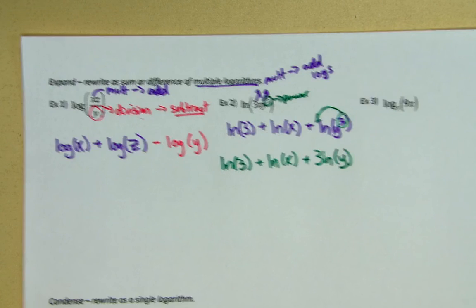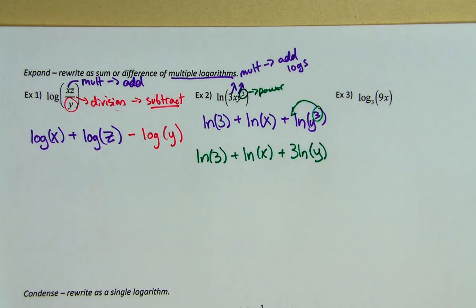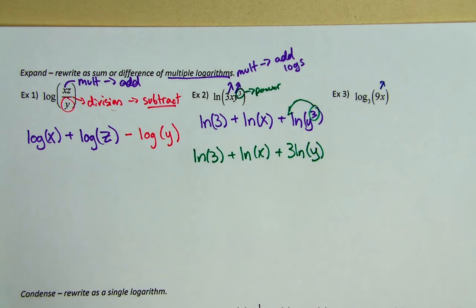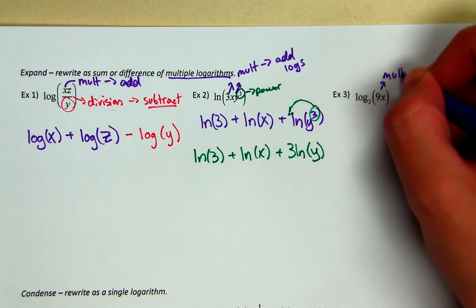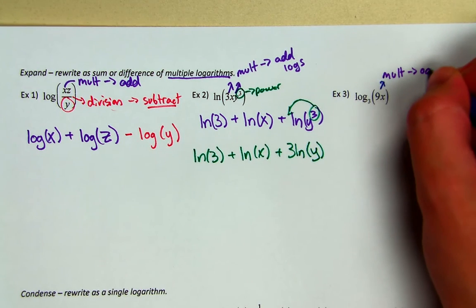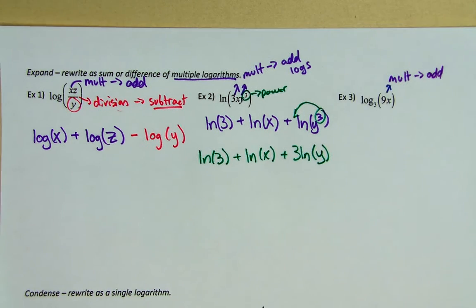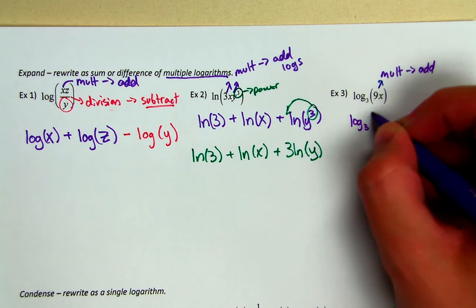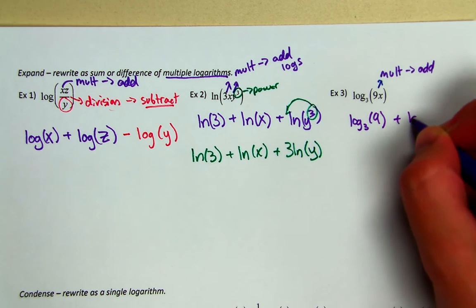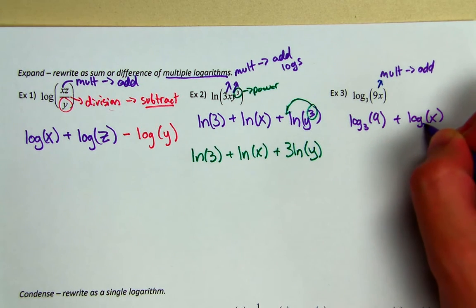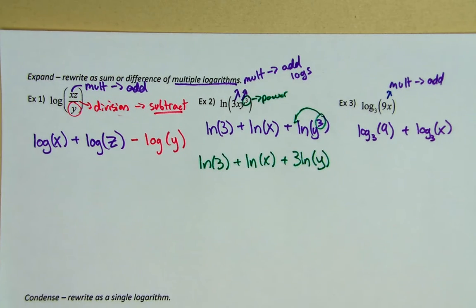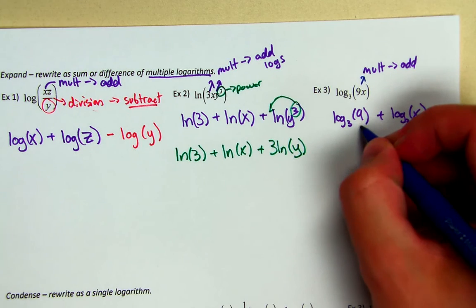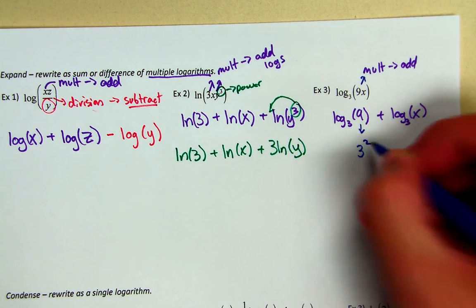Now we've got one more example before we condense. So again, you've got multiplying here. So that means I need to add some logarithms together. And that seems to be the only thing that's happening. So I've got log base 3 of 9 plus log of x. Don't forget base 3. This is a little bit tricky. 9 is really 3 squared.